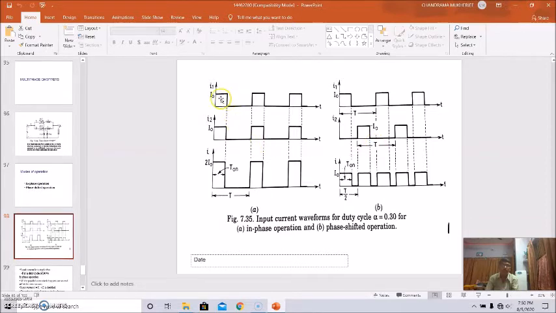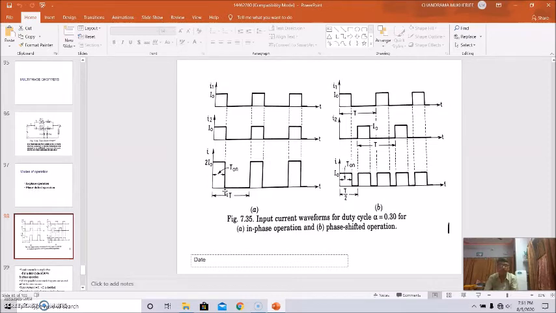Here this is the output current, this is for chopper 1, this is I2 for chopper 2, and this is the turn-on time, and this is the total output.